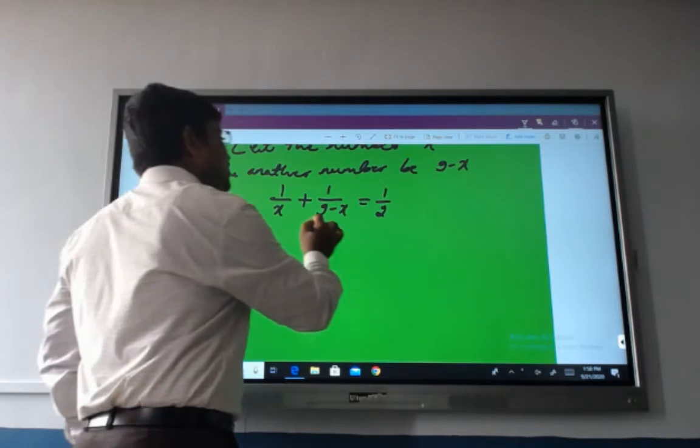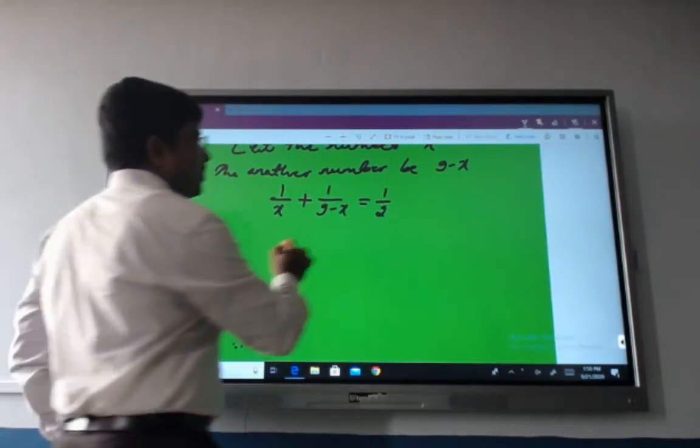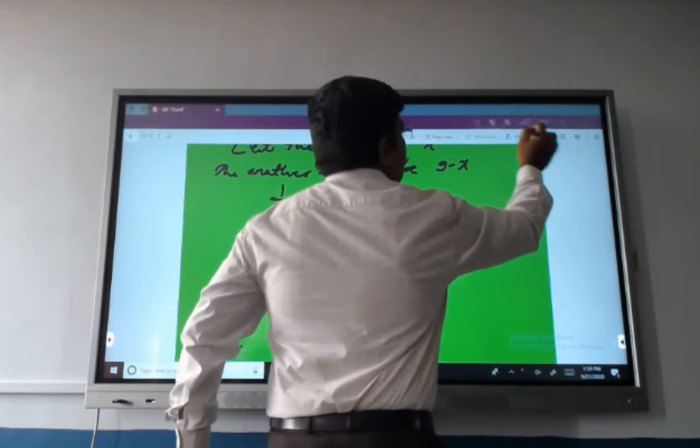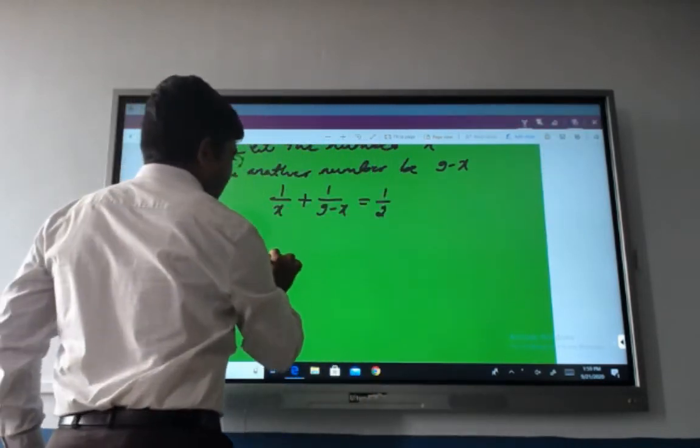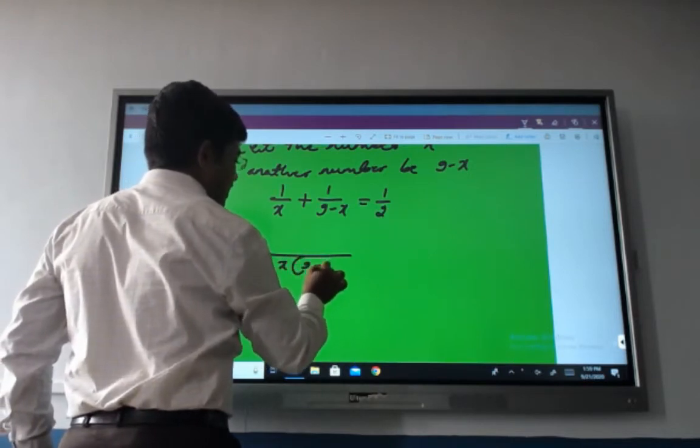We take the LCM of x and 9 minus x, which is directly the product of these two, x into 9 minus x.